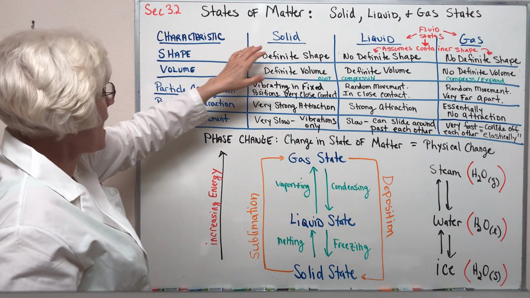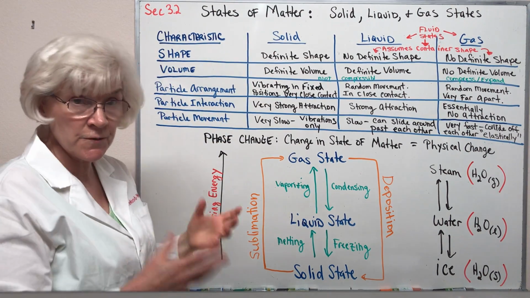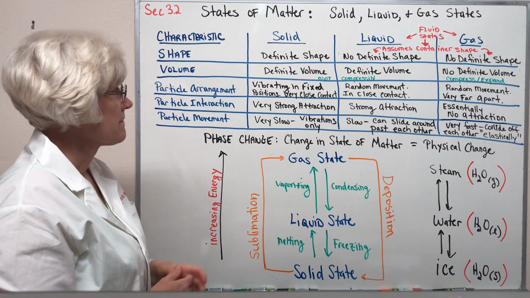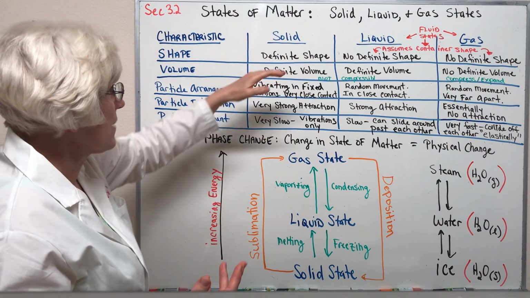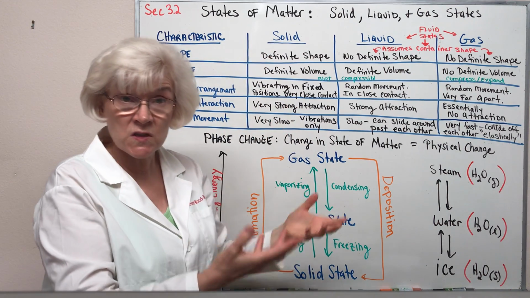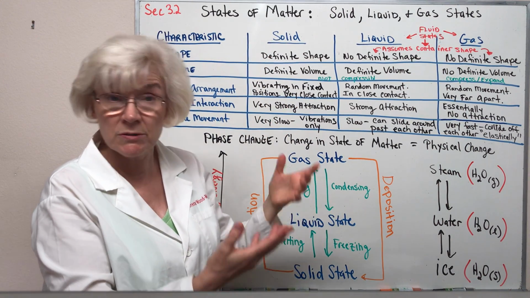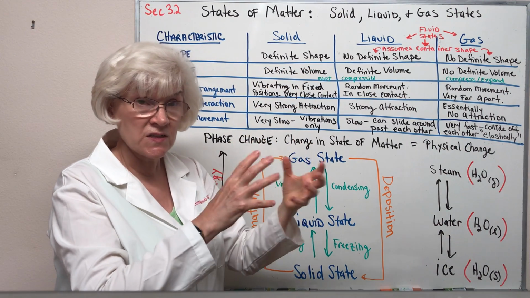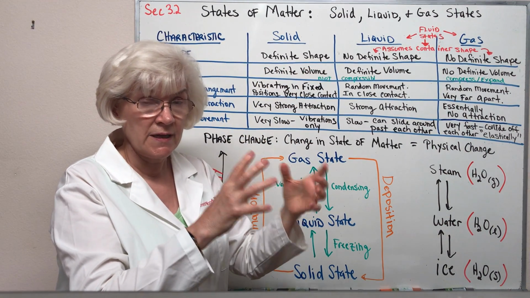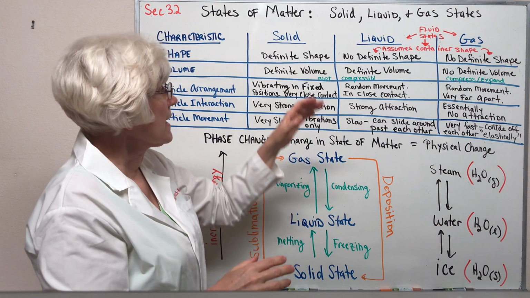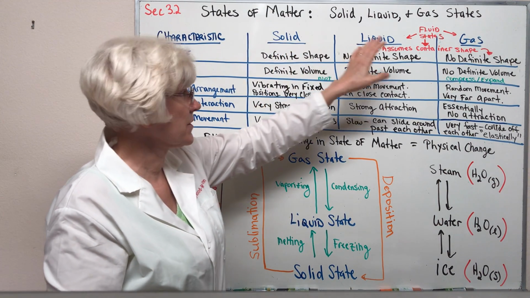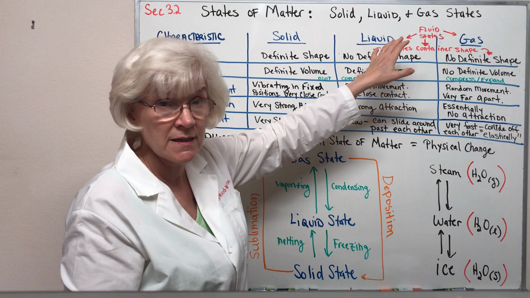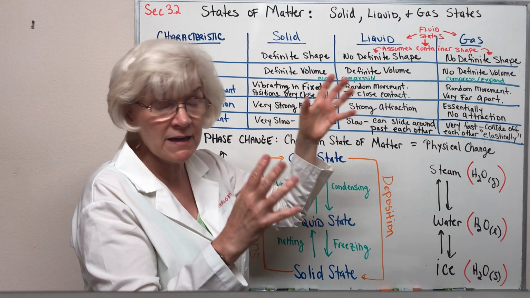Let's take a look at shape, the first of the characteristics. We all know that when we look at matter that's a solid, for instance a tabletop or a block of ice, that matter as a solid has a definite shape. It holds its shape. If we take that matter and change it to the liquid state, we notice that something is very different.